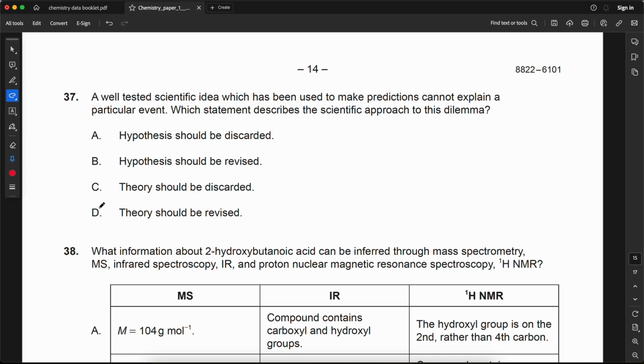This allows for the incorporation of new evidence or alternative explanations while still maintaining the core. So we cannot discard it entirely, it's D. We cannot directly say it's wrong, but we need to check and revise the theory.